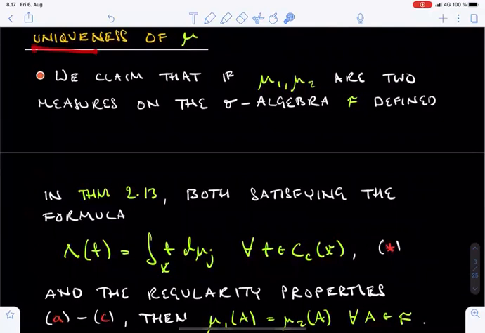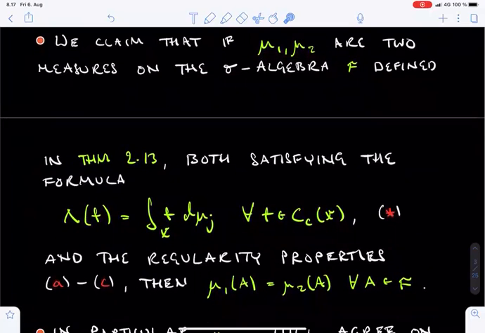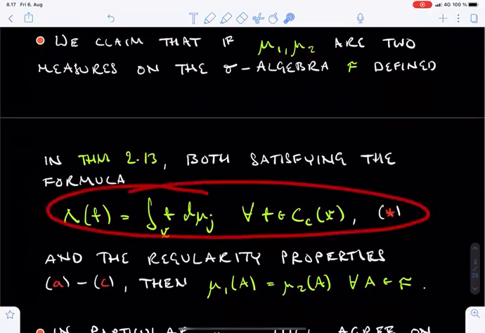Let's start by reviewing precisely what we even mean by the uniqueness statement. Let F be the sigma algebra defined in theorem 2.13, and let mu1 and mu2 be two measures defined on this sigma algebra, both of which represent the positive functional lambda.